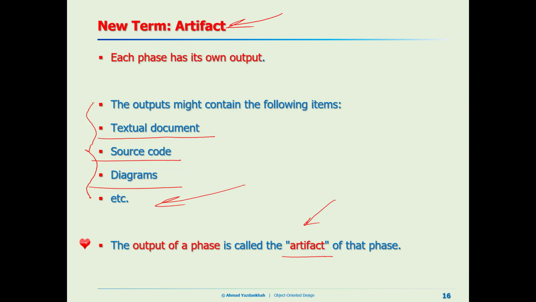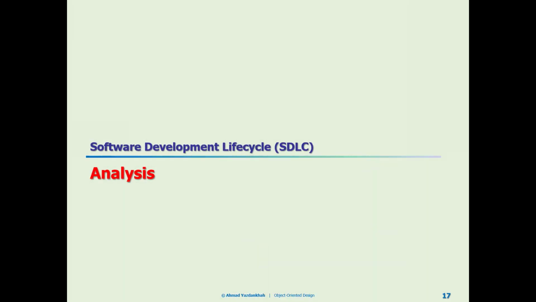Anyway, now let's start with the analysis. From now on, until we finish this analysis phase, we change our hat. Now we are business analysts because we are going to do the analysis of the software.